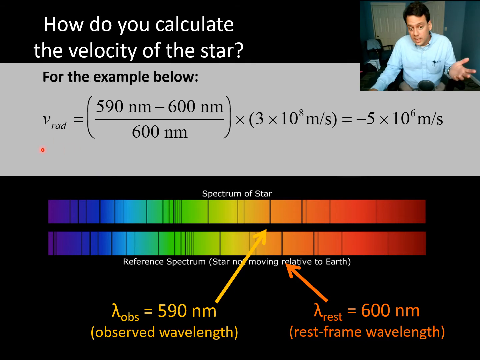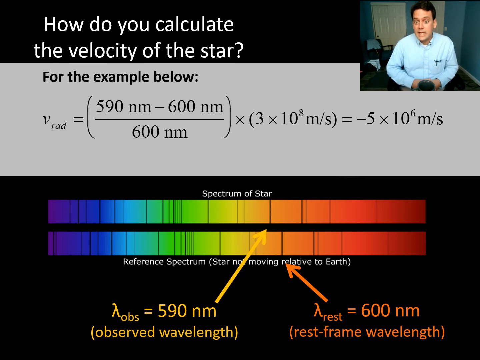And so, for example, given the detailed example that I have here, if the observed wavelength is 590 nanometers and the rest wavelength is 600 nanometers, you plug in the numbers here and you find that the radial velocity of this star is -5 times 10 to the 6th meters per second. So 10 to the 6th means a million.